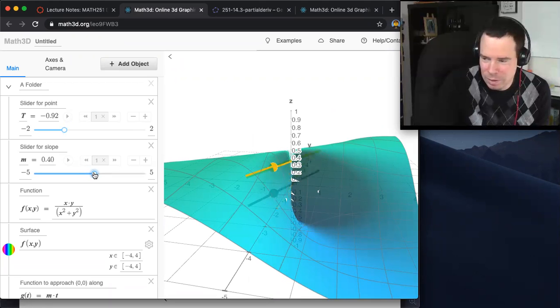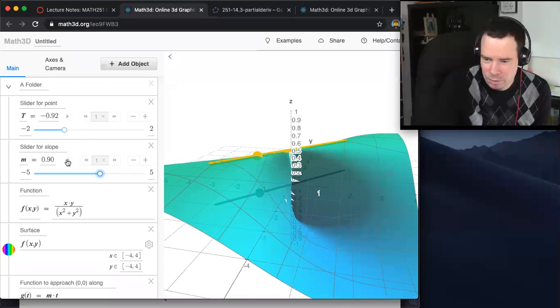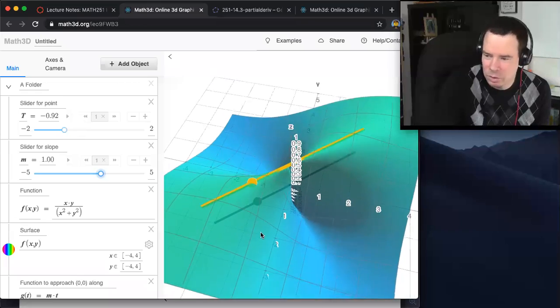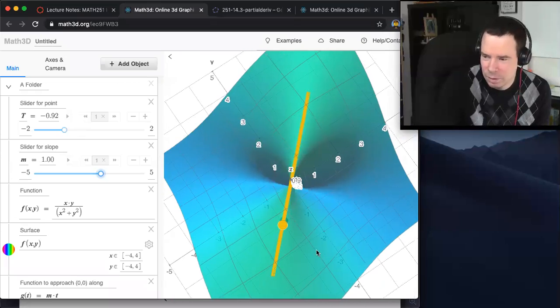If I come at it from a different direction, let me get it to 1 there, that's our y equals x direction. So I'm coming along y equals x.